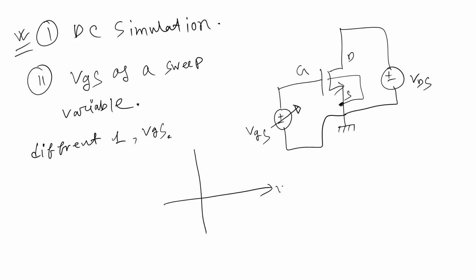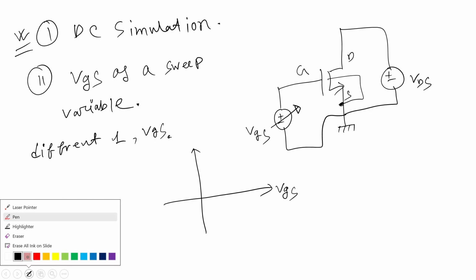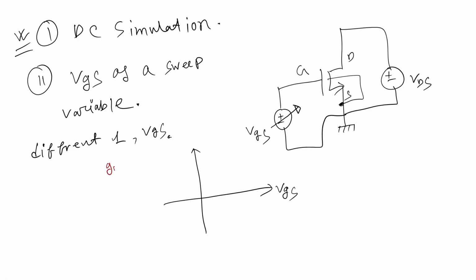That means your x-axis will be VGS and your y-axis will be the parameters of the MOSFET, like GM versus VGS, GM over ID versus VGS, ID by W versus VGS, VDSAT versus VGS, ID versus VGS, FT versus VGS.